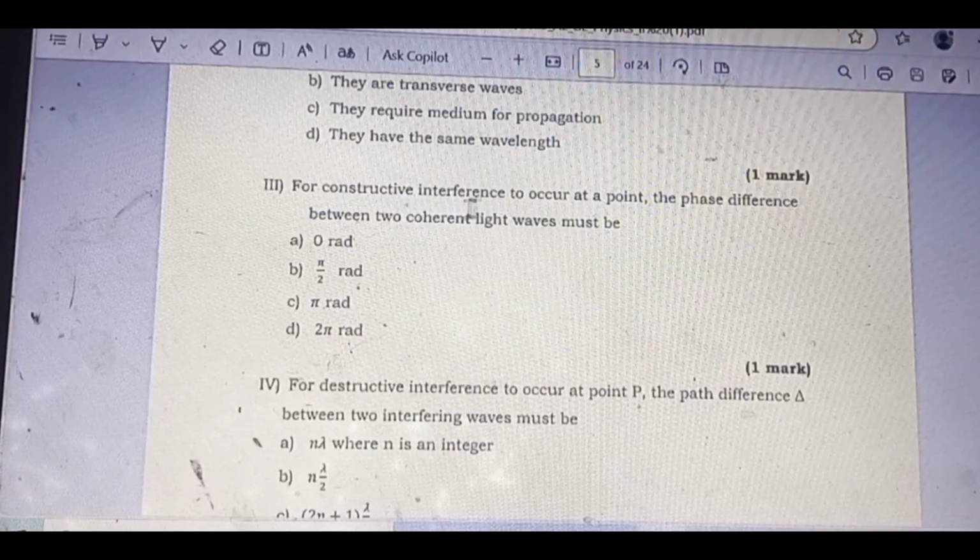For constructive interference to occur at a point, the phase difference between two coherent light waves must be. The correct answer is 0 rad, because in constructive interference the phase difference is equal to 0 or 2 pi.